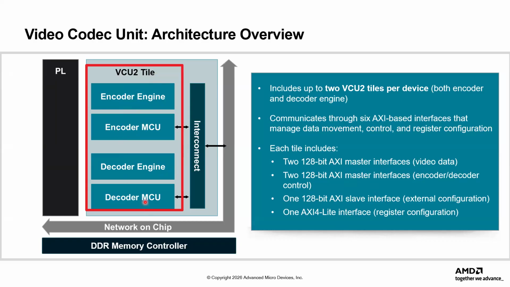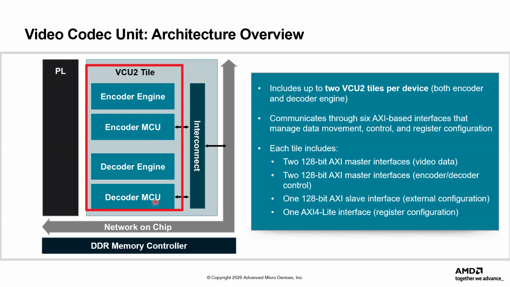And notice that each one of these blocks has an MCU, which means there is a microcontroller there. That microcontroller is a RISC-V controller. So that shows you again that AMD is fully adopting the RISC-V architecture, because in the past, anytime they needed to implement something as a microcontroller, they would have used the MicroBlaze architecture.